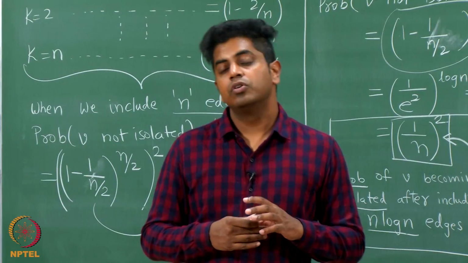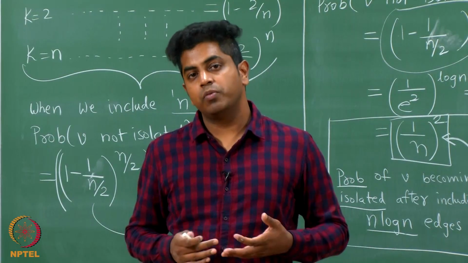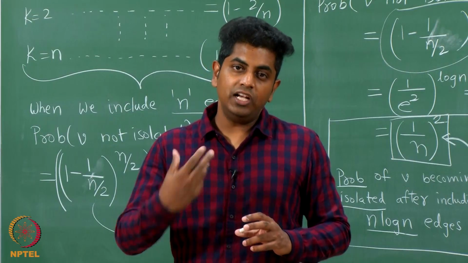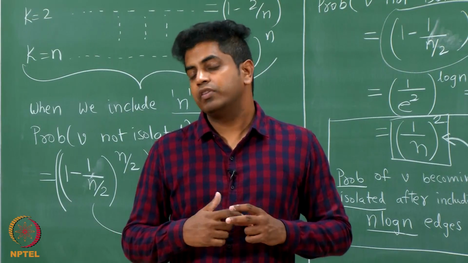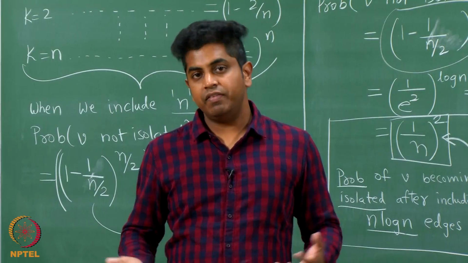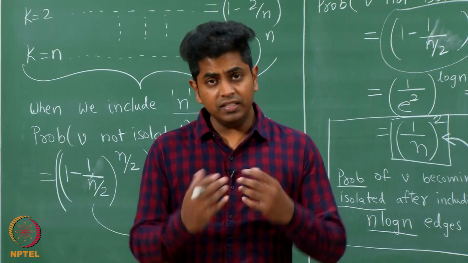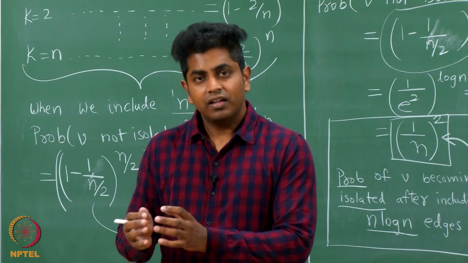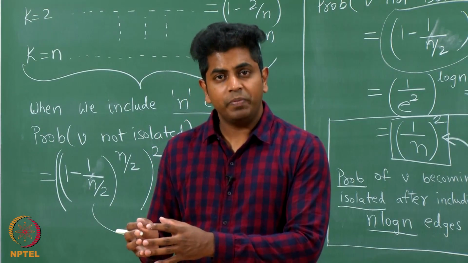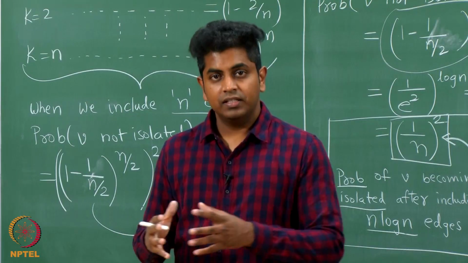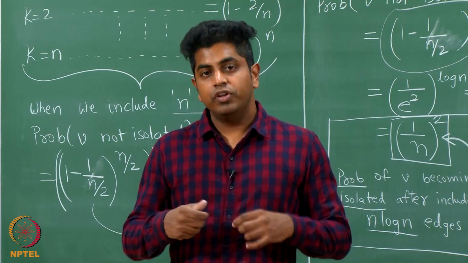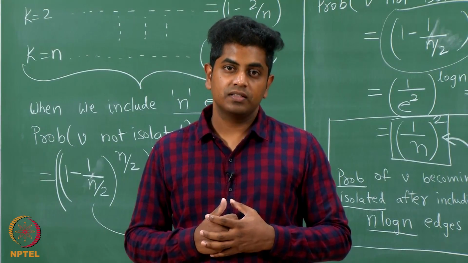Now this tells you that as you keep putting more and more edges, very soon the graph becomes connected. When you put n log n edges, the graph with a very high probability does not have any isolated vertices, does not have any isolated components, there is no isolated vertex. Having an isolated component is very unlikely, correct? With a very high probability the graph is connected when you put just n log n edges.